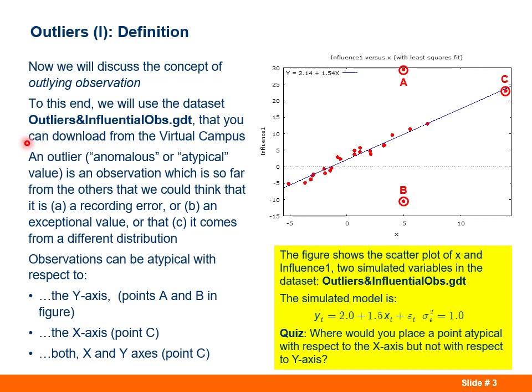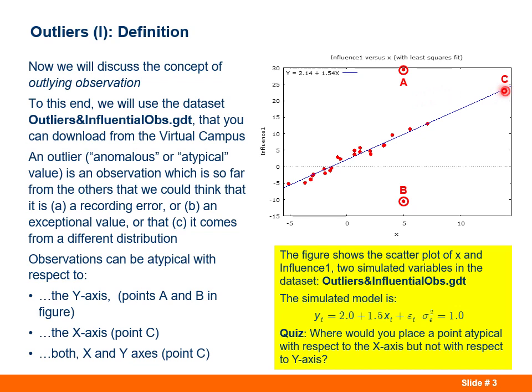Observations can be atypical with respect to the y-axis. For example, consider A and B. A and B are very far from the typical range of values for y, which goes from -5 to, let's say, 11 or 12. A is very large in comparison with the rest of the sample, and B not so much, but also far from the rest of the values.